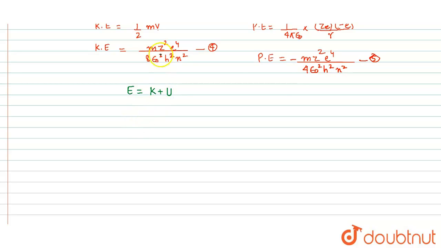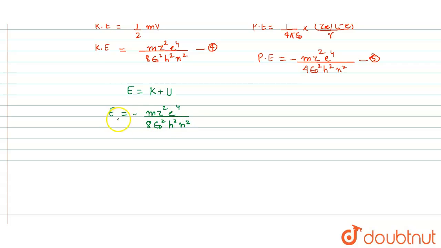Now you can put the values of kinetic and potential energy and then you can get the total energy of the electron, which will be negative, and it will be equal to m Z square e to the power 4 whole divided by 8 epsilon naught square h square n square.